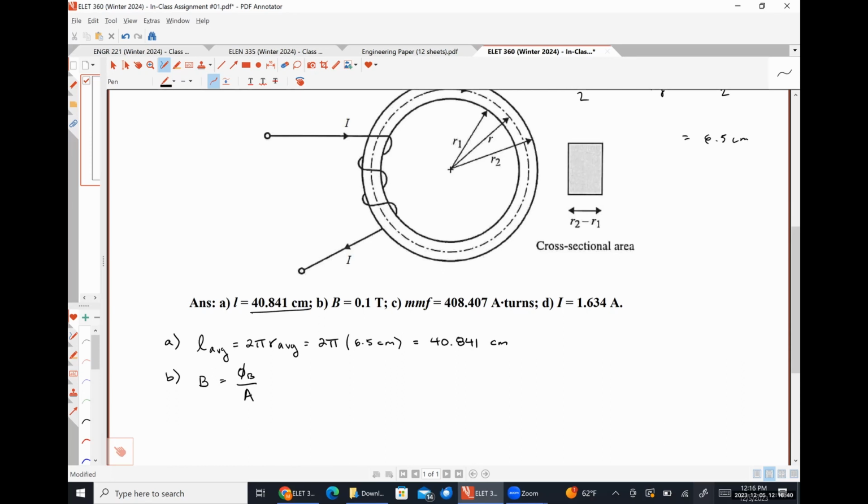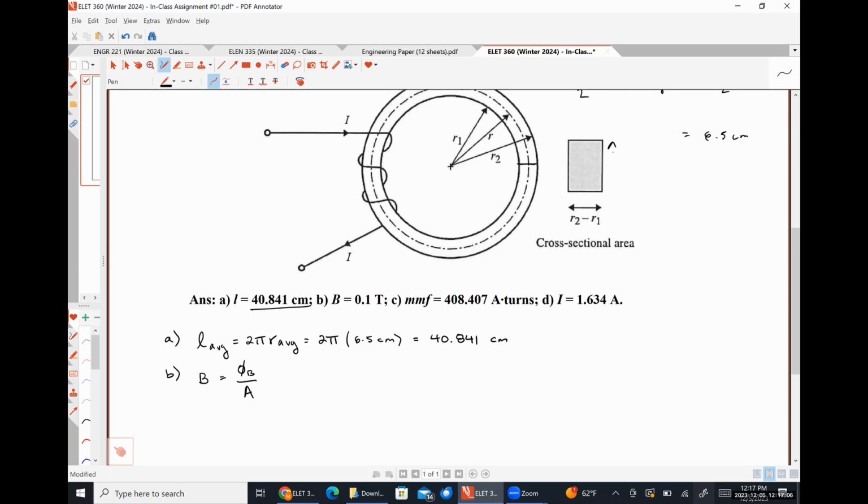So how are we going to figure out our cross-sectional area? Our cross-sectional area, I even included a little picture here, is just going to be this distance, which is R2 minus R1, times the thickness of our core, which we were told was 1 centimeter, if I'm not mistaken.